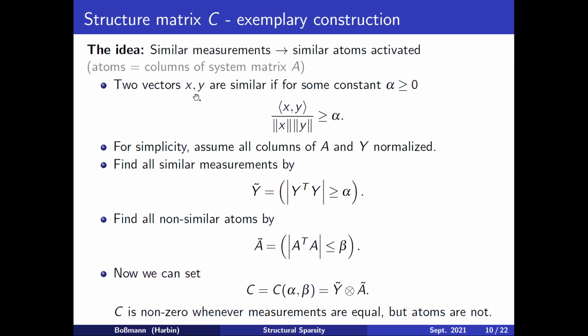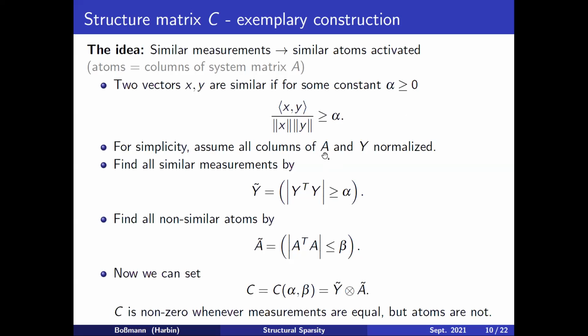Well, let's say we have two vectors, X and Y, and we take the inner product and normalize it by the norm of the vectors. Then this is something between 0 and 1. And if this is greater than a constant alpha that you may have chosen depending on the application, then we say that this is similar.